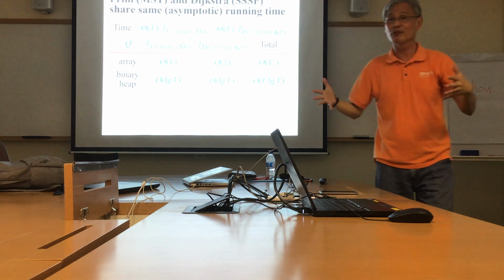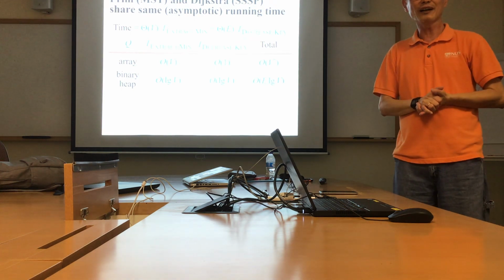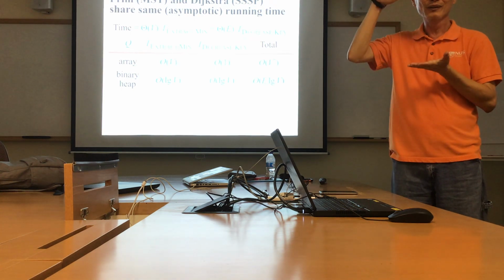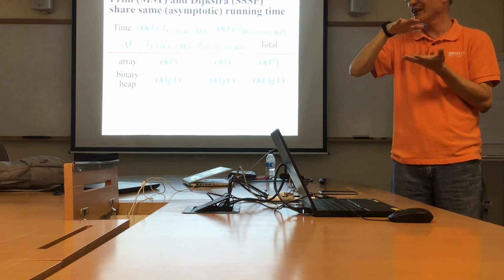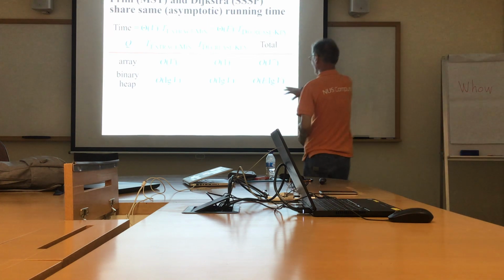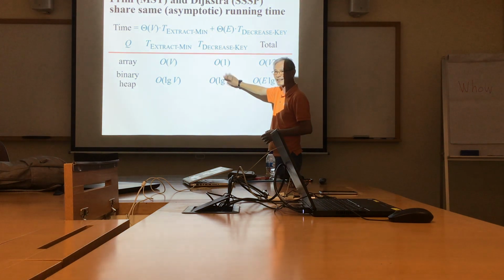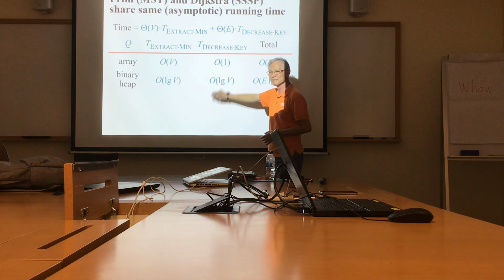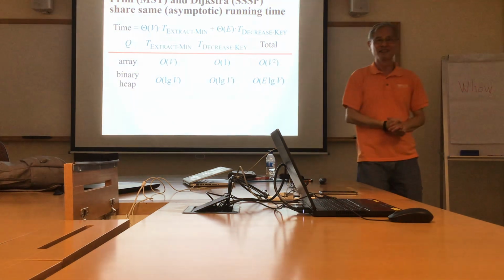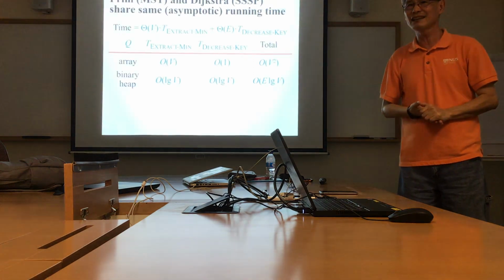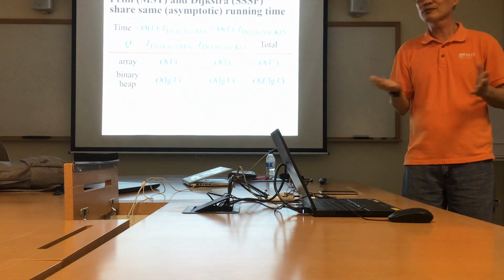Then one simple way is, how do I make the tree shorter? If I make the tree shorter, I will spend less time here, right? So a very simple idea is this. I don't have to use binary trees.